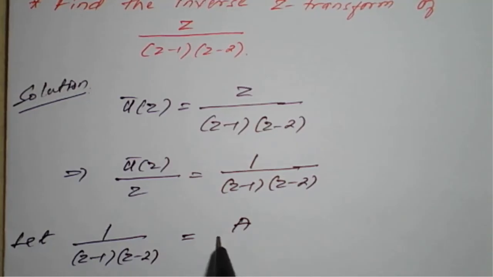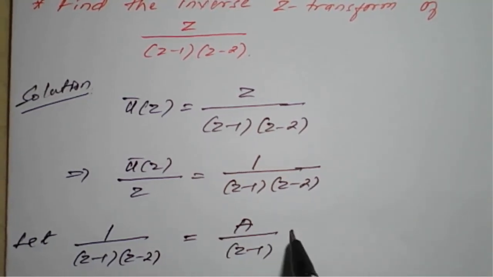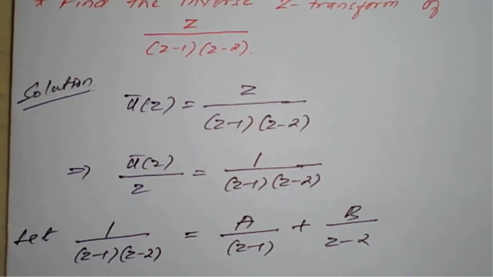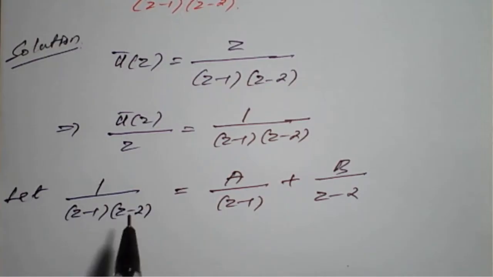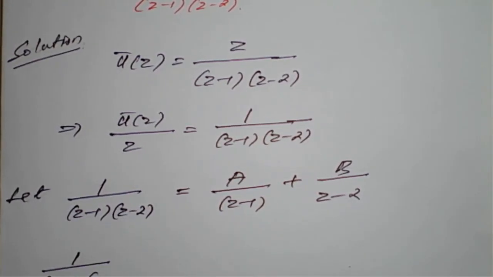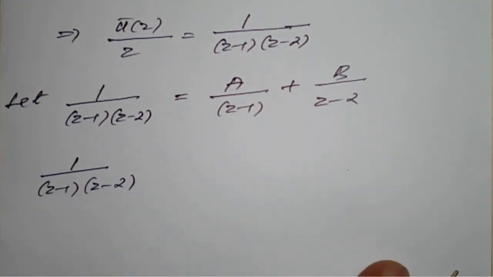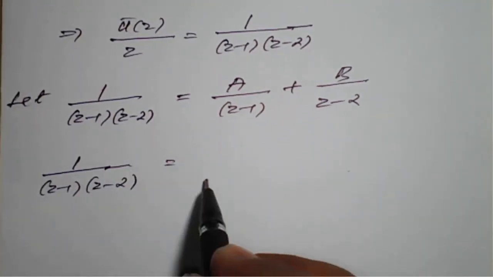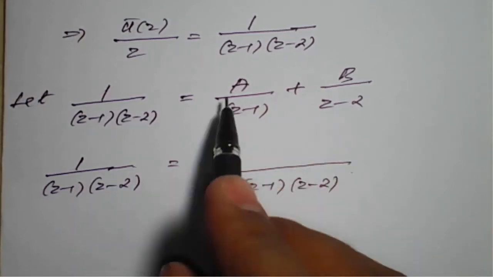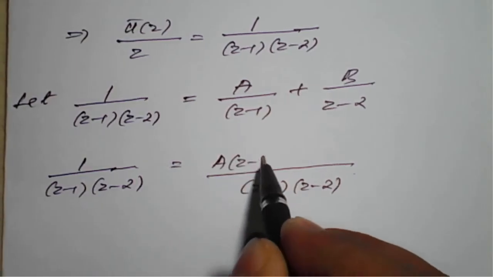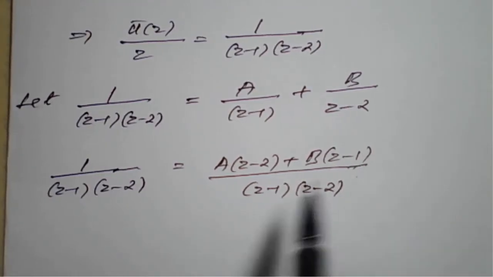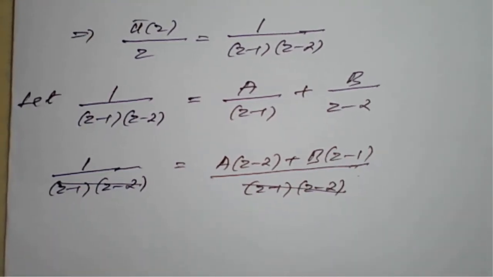partial fractions: a divided by (z minus 1) plus b divided by (z minus 2). On simplification, 1 upon (z minus 1)(z minus 2) is equal to, taking the LCM, (z minus 1)(z minus 2) in the denominator, with a into (z minus 2) plus b into (z minus 1) in the numerator. The denominators cancel each other.